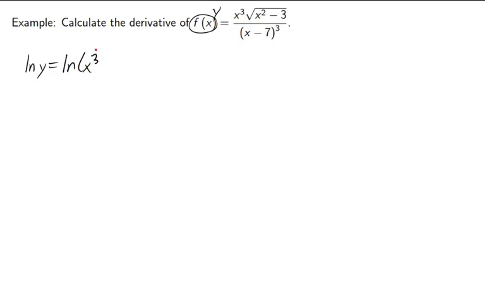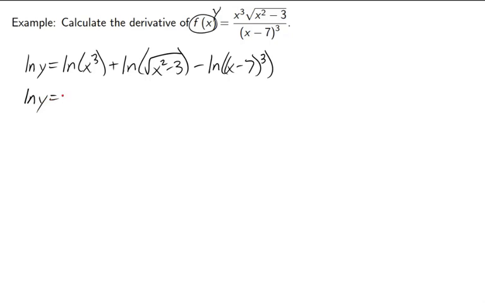Natural log of x cubed plus natural log of square root of x squared minus 3. We're separating with our log rules. Minus natural log of x minus 7 to the third power. When I took the log of both sides, I split the numerator into two pieces with a plus, and the denominator becomes a minus.